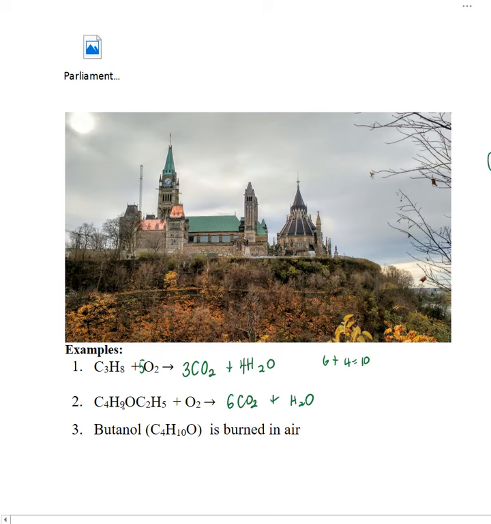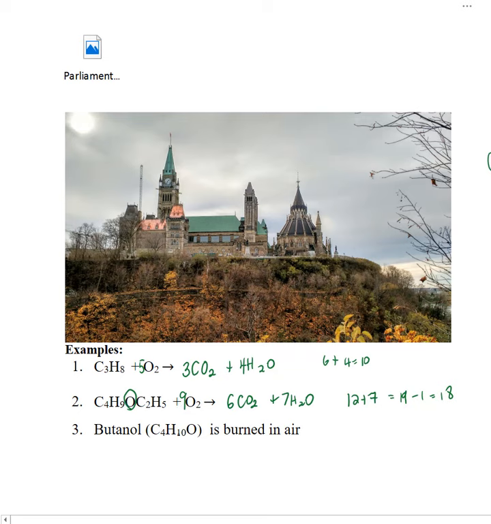We have a total of 14 hydrogens, so that's going to give me 7 waters, my apologies. So when I'm tallying up the oxygens, I have 12 plus 7 for a total of 19. I have 1 oxygen here, so I have 18 left, so I need a 9 in front of the oxygen.